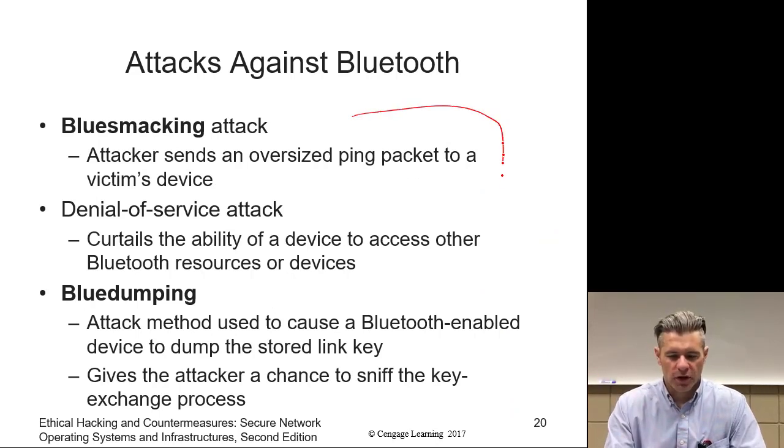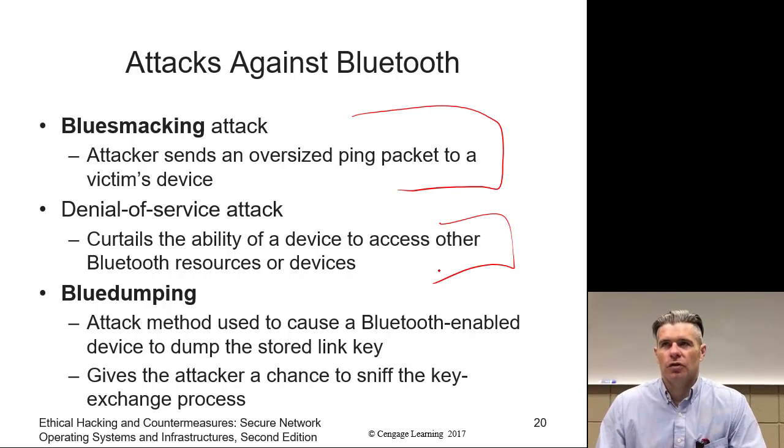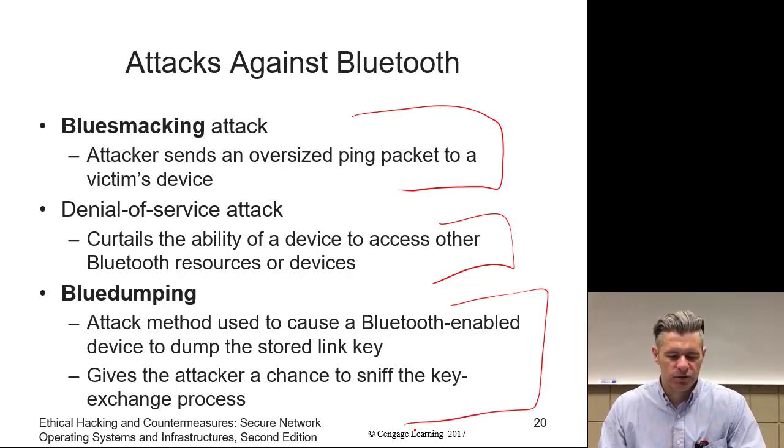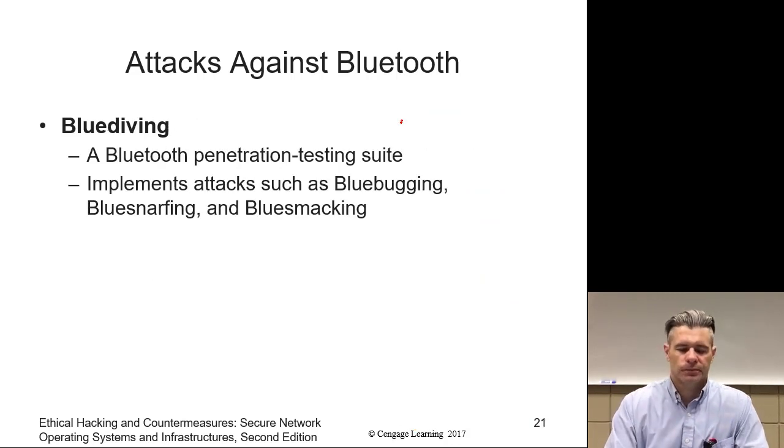Those are mostly solved, but they're bound to show back up, like when oversized ping packets would hit a device. They would break, which is bad. And it's just a matter of time before the next one gets found. So that's why we bring those up. Blue dumping is when you can get the device to dump that stored key, and now the attacker can get in the middle.